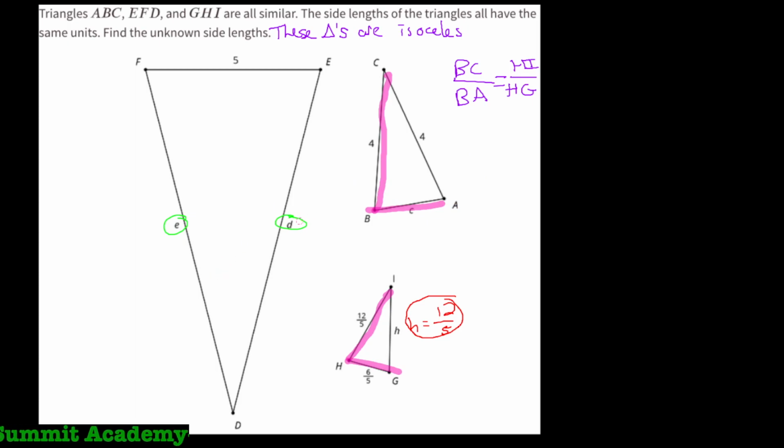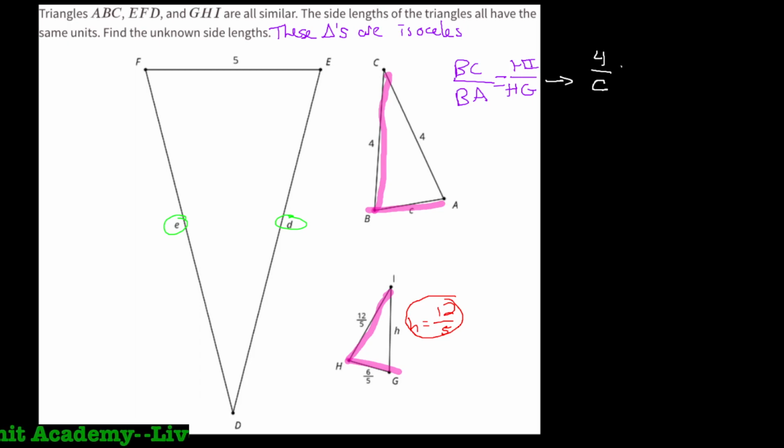Notice how some of the side lengths have lowercase letters, where the vertex has a capital letter. This is helpful because now I can fill in those values. If I fill in this ratio, my side length for BC is 4. My side length for BA, I don't know. I'm looking for that unknown variable C.